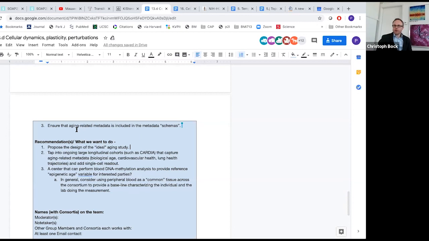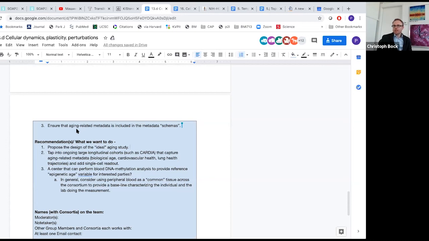I think that's a very good point. So aging is not something that is just static, but something where the interest is really in the functional implications. So aging should be studied with a focus on the plasticity and the perturbation response that is inherent in it.